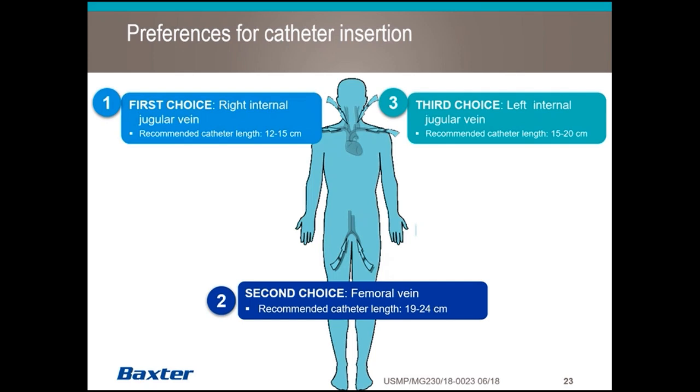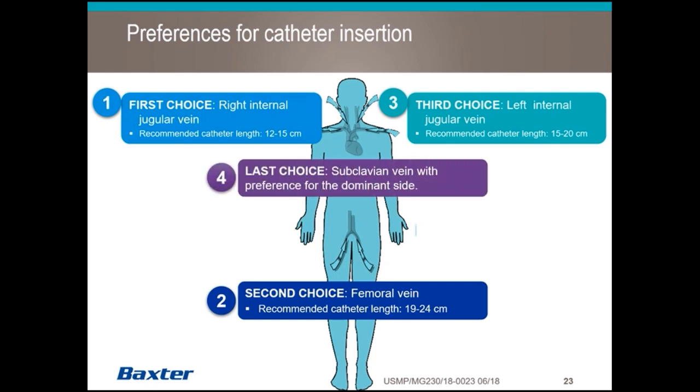As a last choice, if the first three are not available, the subclavian vein with a preference for the dominant side. It's not recommended by the KDIGO guidelines to use a subclavian vein because of its association with both pneumothorax and hemothorax, but also central venous stenosis. If a significant central venous stenosis occurs in a subclavian vein, it makes it unusable for an AV fistula or an AV graft.